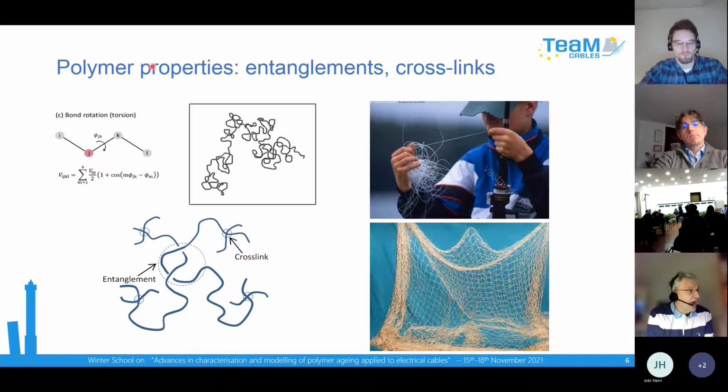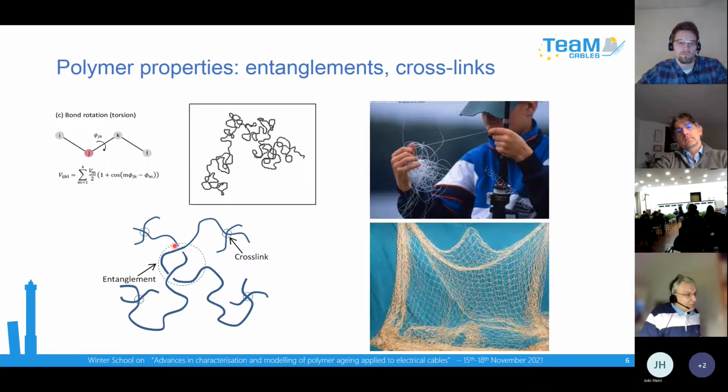So imagine if you have many long chains, you can get very mechanically tight entanglements with long polymer chains. But this is all because of the wiggling and non-linear shape of these polymer molecules in the material.